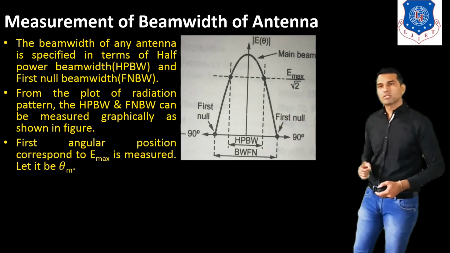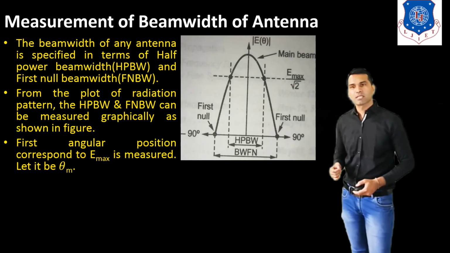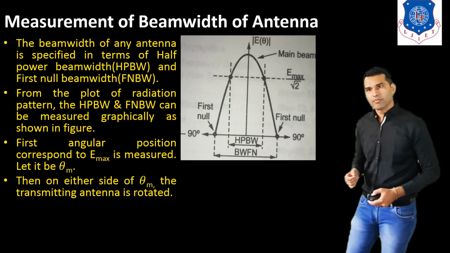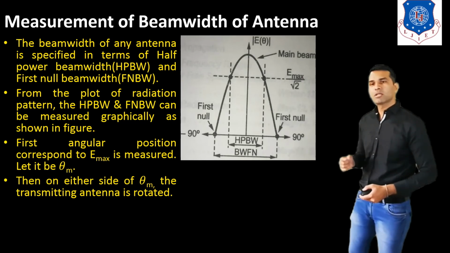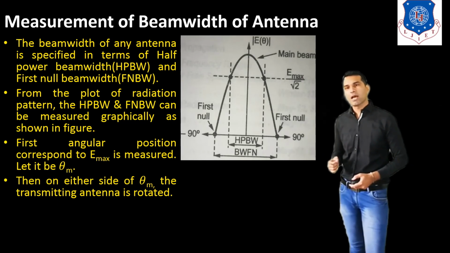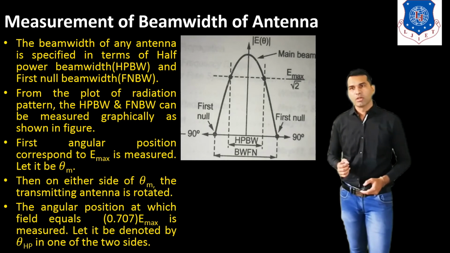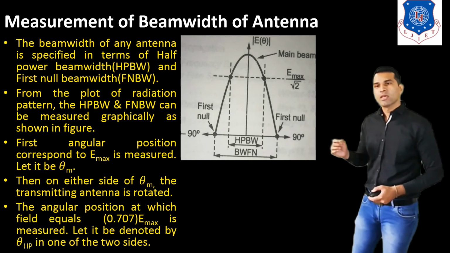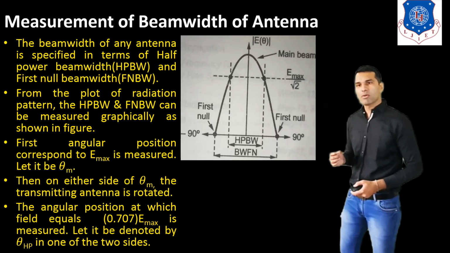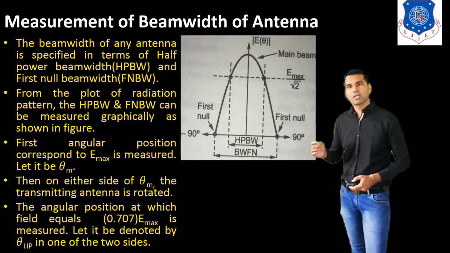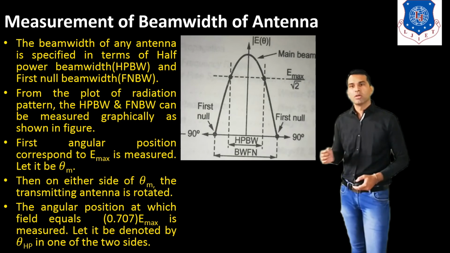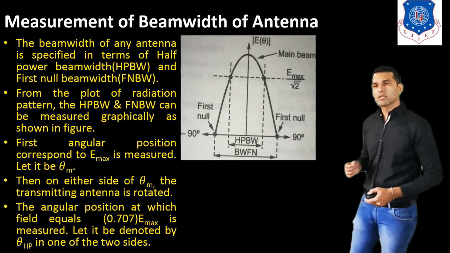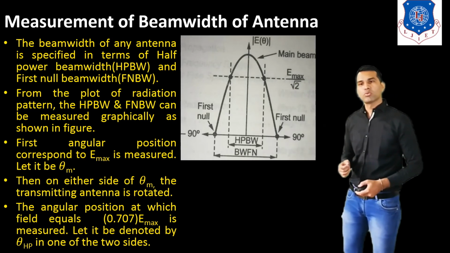First, the angular position corresponding to Emax is measured, let it be theta m. Then on either side of theta m, the transmitting antenna is rotated. The angular position at which the field equals 0.707 Emax, that means 1 upon root 2 times Emax, is measured. Let it be denoted by theta HP on one of the two sides.